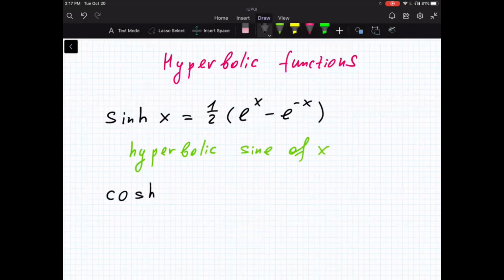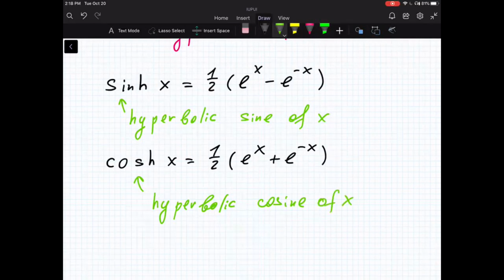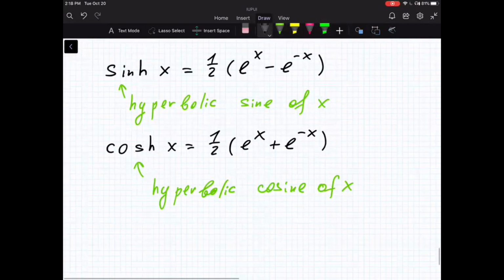So you write cosine and add an extra letter h. And this is 1/2, but now you have the sum of them. Exponential of x plus exponential of minus x. And this is called hyperbolic cosine of x. What are the properties? Let's briefly discuss it.